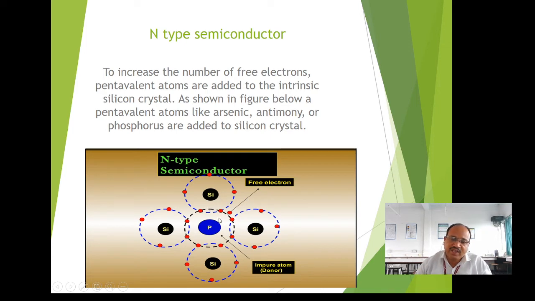So like this, if we add 1 lakh phosphorus atoms to the crystal, then there will be 1 lakh more electrons than holes, because in an intrinsic semiconductor, at any time, the number of holes and the number of electrons are the same. Whenever an electron transits from the valence band to the conduction band, it creates an electron-hole pair, because it creates a hole in the valence band and 1 electron in the conduction band.